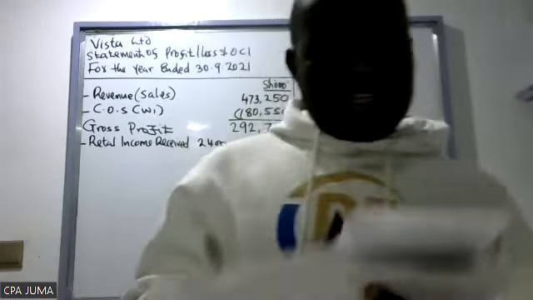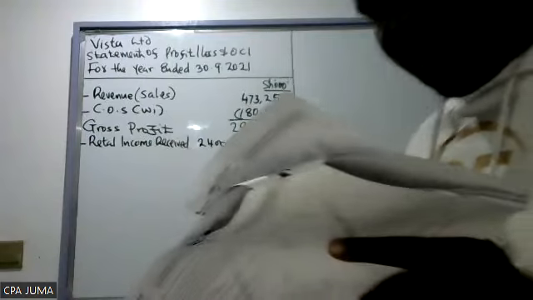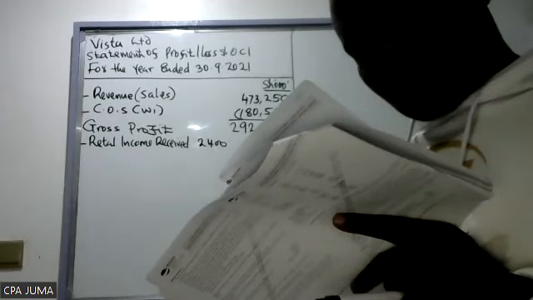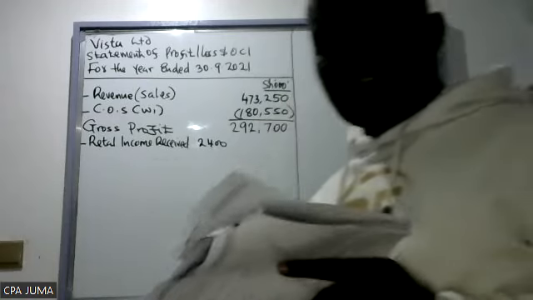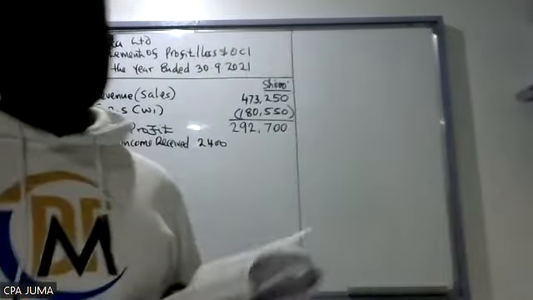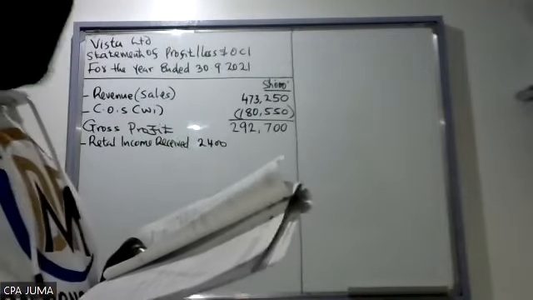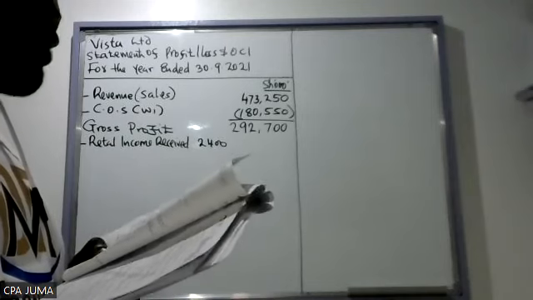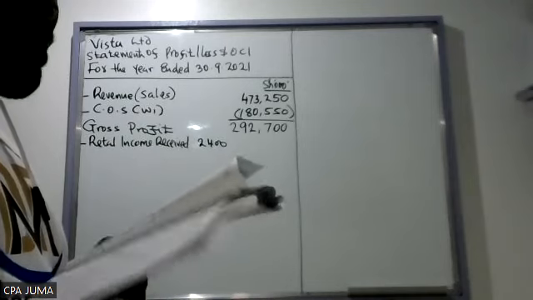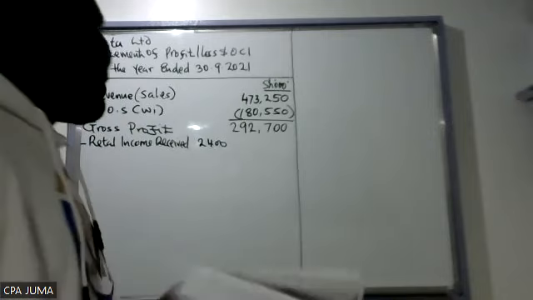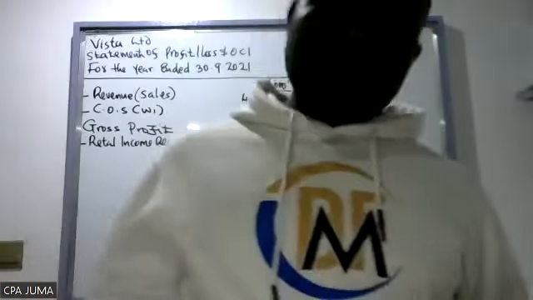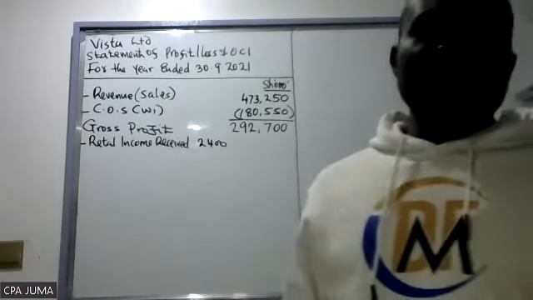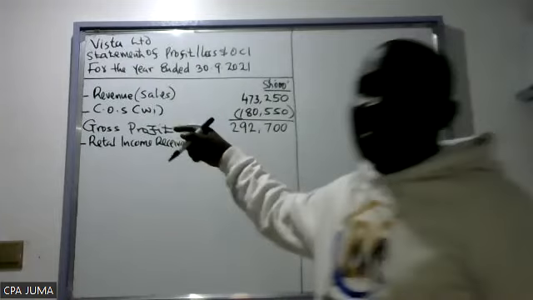Subject it to note 3, additional information number 3. The investment property is accounted for using the fair value model, with the fair value being 25,000. The book value is 24,600. So that increase in value should be brought here as part of other income.